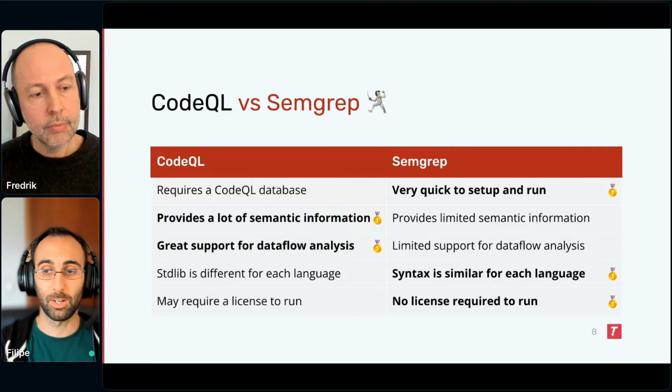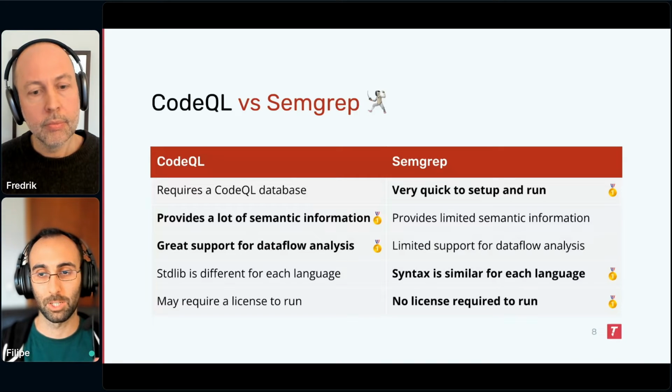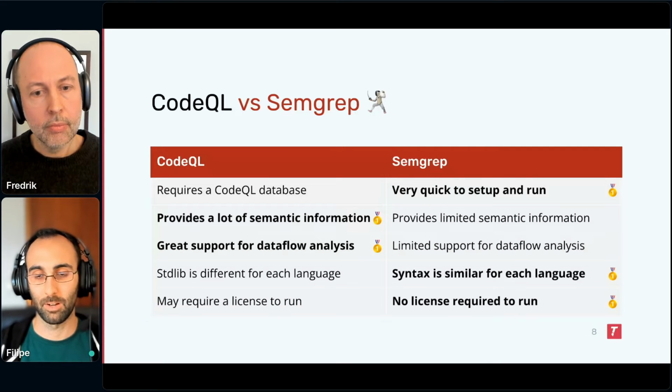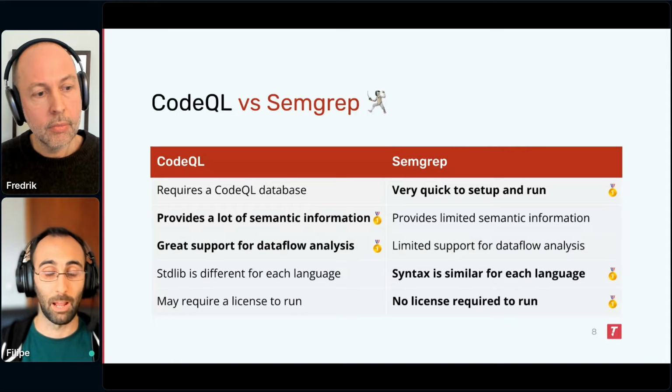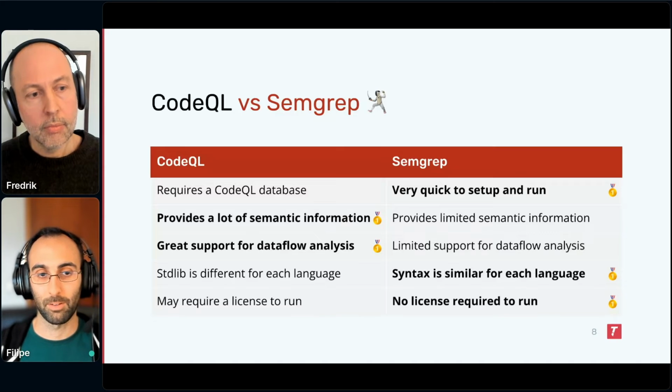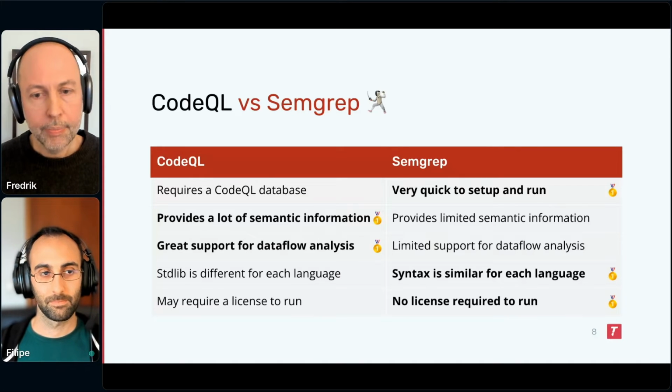So if you just run the standard pack CodeQL rules for C++, let's say, this will generally find more issues or cover more issues than the standard C++ Semgrep rules. And this is also another aspect. If you're just going to run rules in CI and not write rules, consider using perhaps both, but CodeQL probably will have more coverage in terms of what it finds. Yeah, that is definitely a good point.